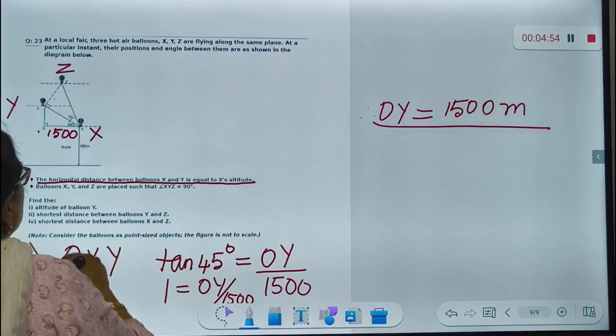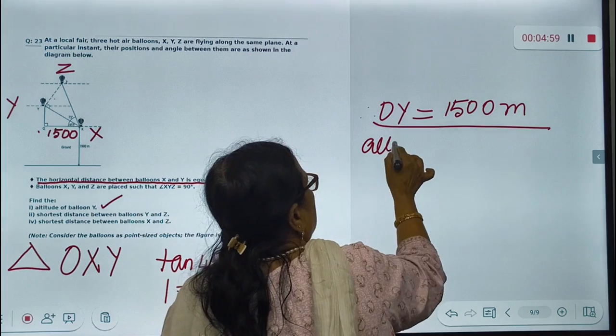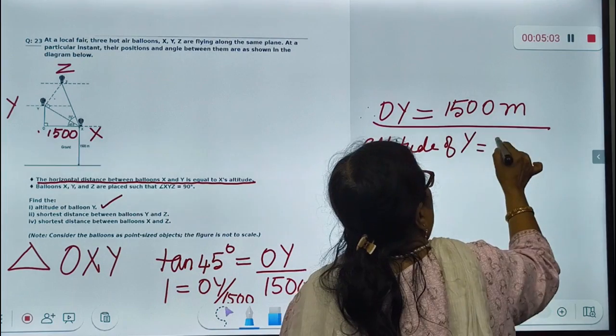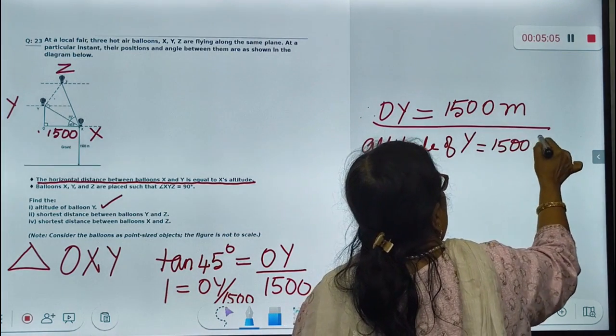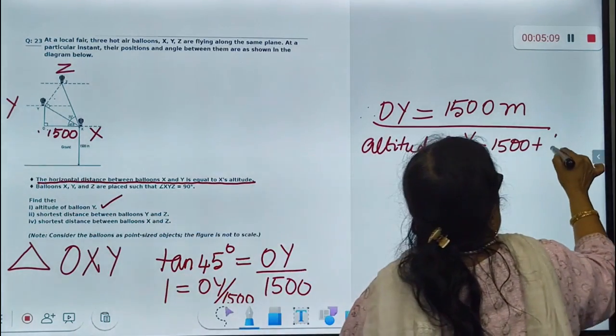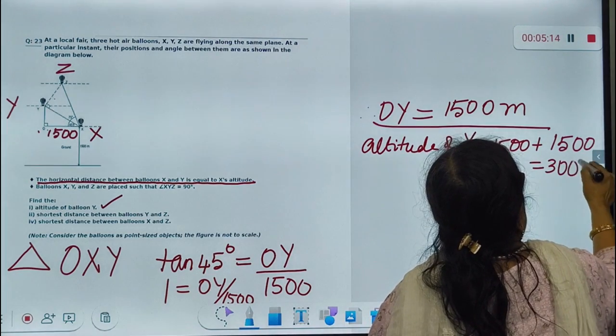We want to find the altitude of balloon Y. Altitude of balloon Y will be 1500, which is OY, plus already this is also 1500. So plus 1500, which is 3000 meters.